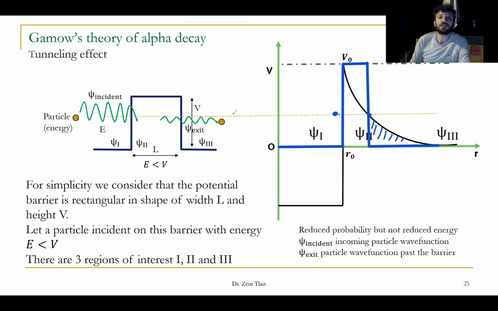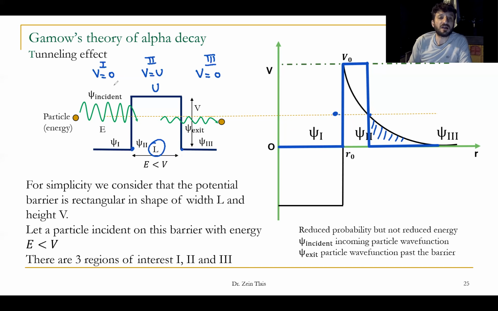Now, just to simplify the calculation, we consider that the potential barrier is rectangular in shape, of width L and height V. We have a height, let's say, equal to U here. So V equals U between this point and this point. Here V equals 0 in region 1, here in region 2, and here V equals 0 in the third region.